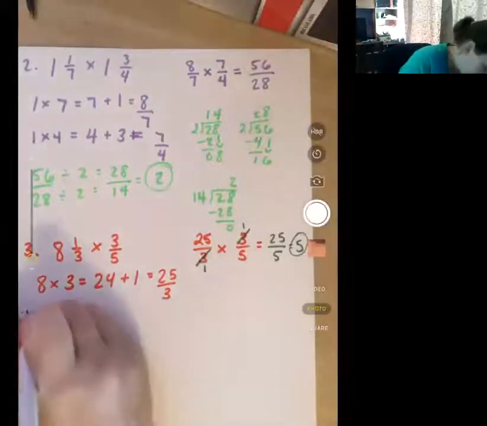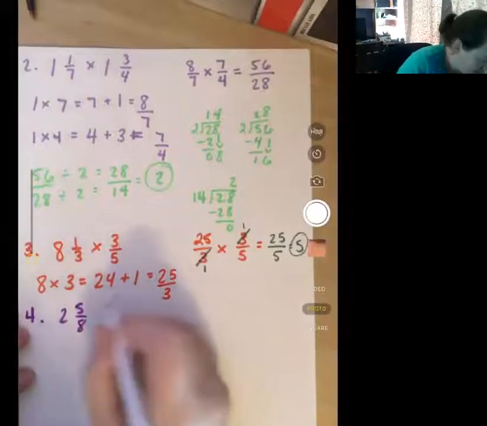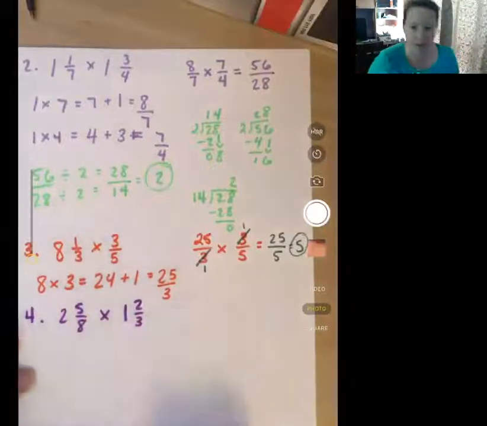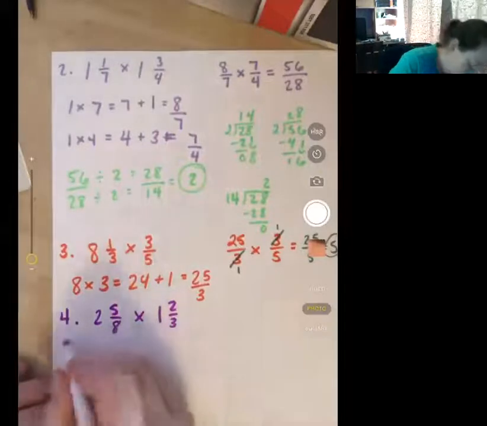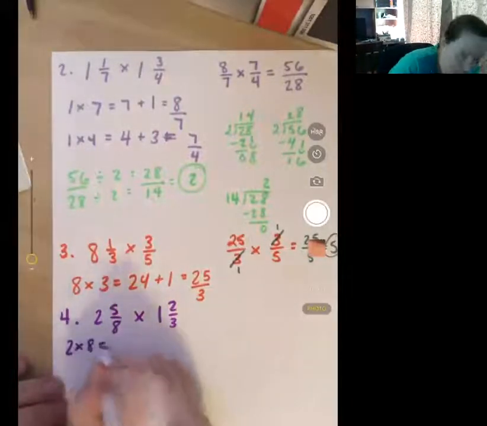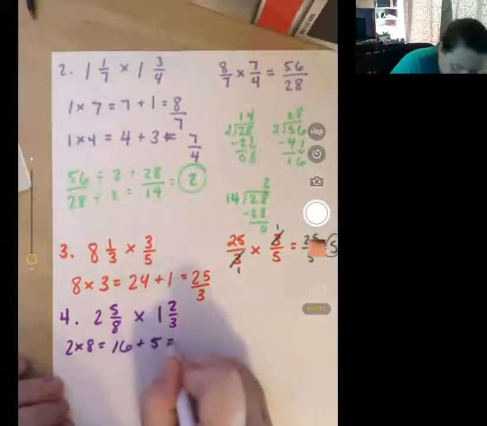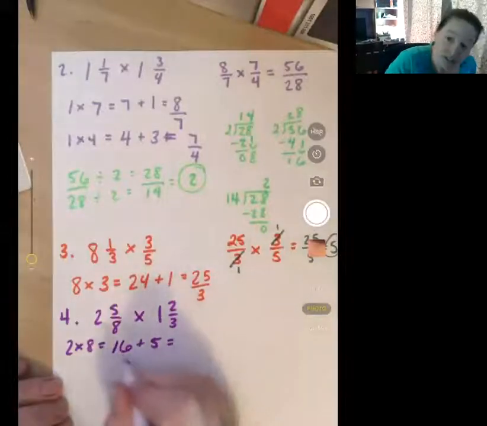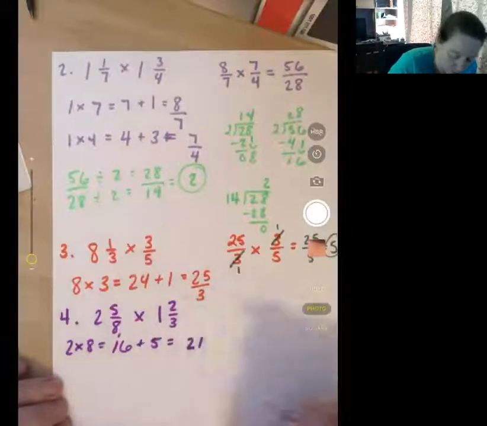Number 4. 2 5/8 times 1 2/3. So I have 2 times 8, which is 16, plus 5, which is, so the 6 plus 5 is 11, carry over the 1, 1 plus 1 is 2, so it's 21 over 8.